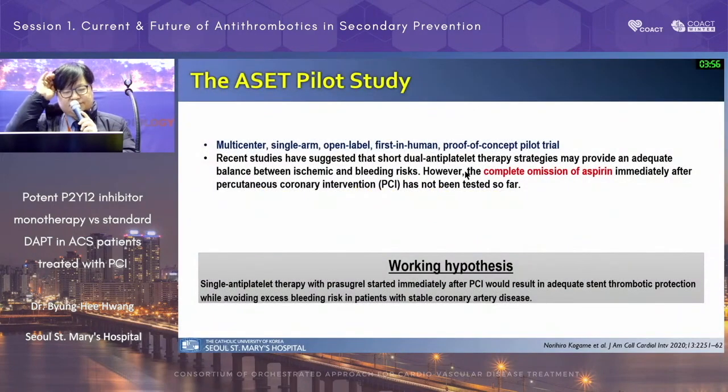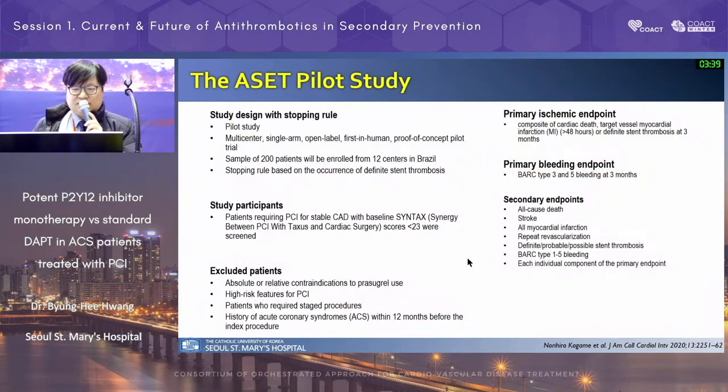There are some interesting studies in Japan, as I said, a pilot study. It was a multi-center, single-arm, open-label pilot trial with complete omission of aspirin immediately after PCI. The study was done in relatively not high-risk patients, with a Syntax score lower than 23.